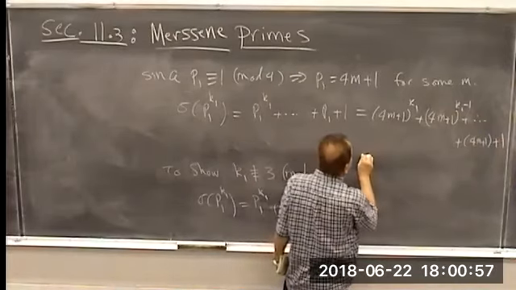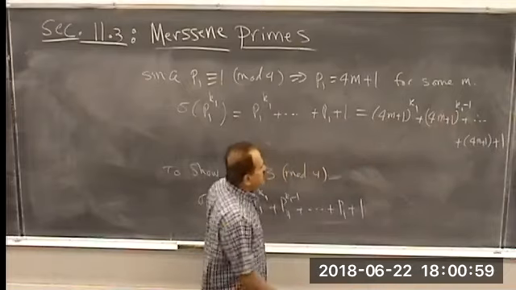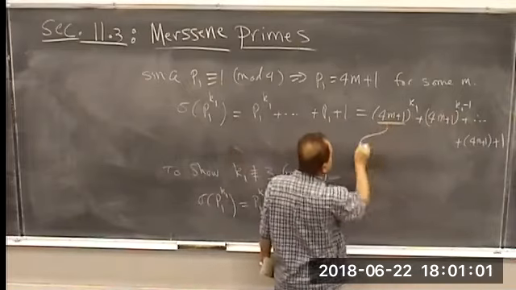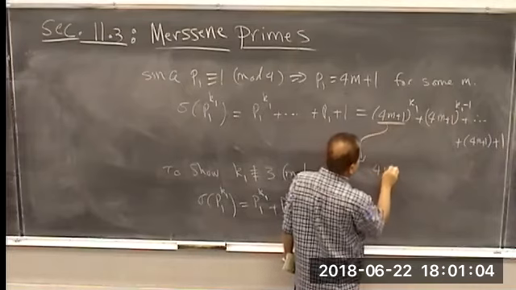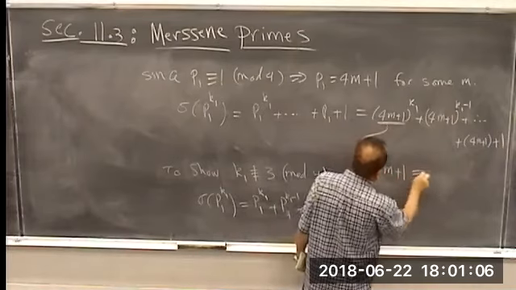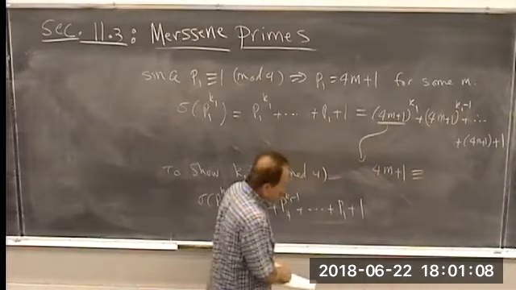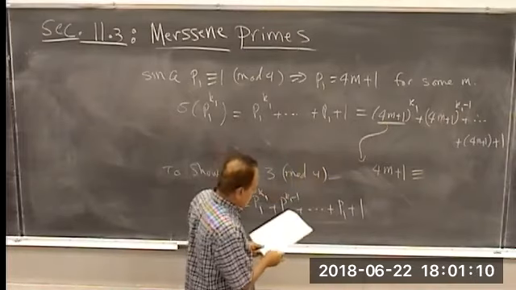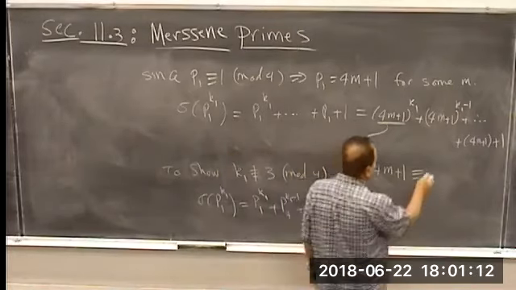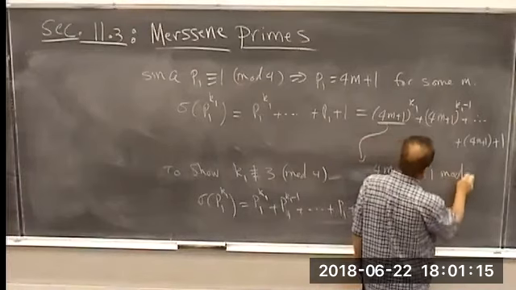Now, let's look at each one of these. 4m plus 1, I claim this is congruent to 1 mod 4.